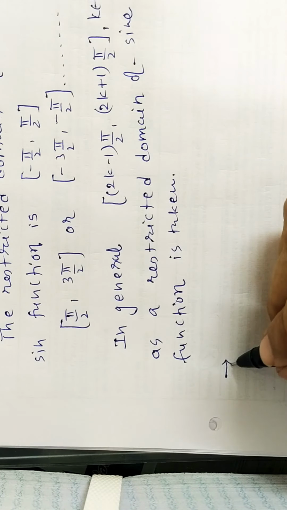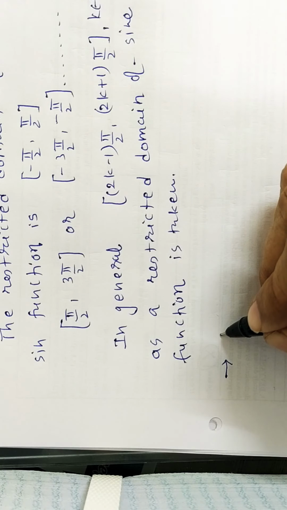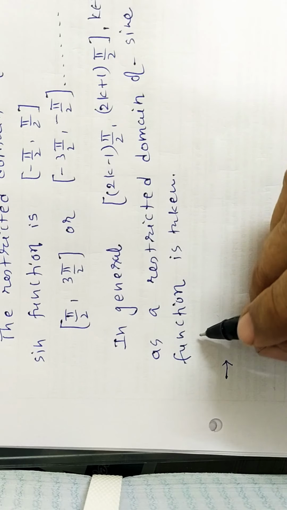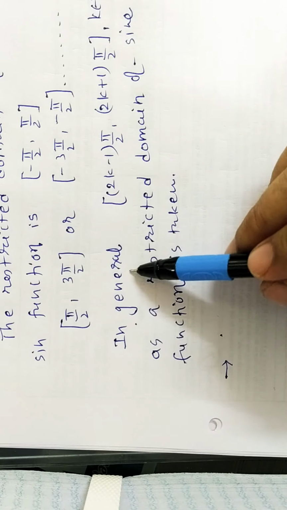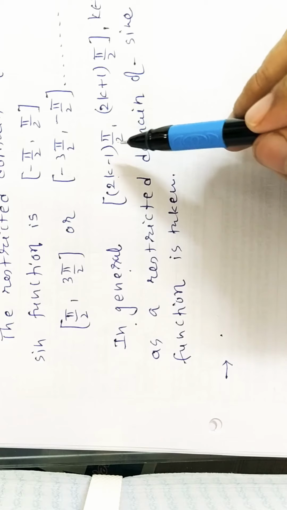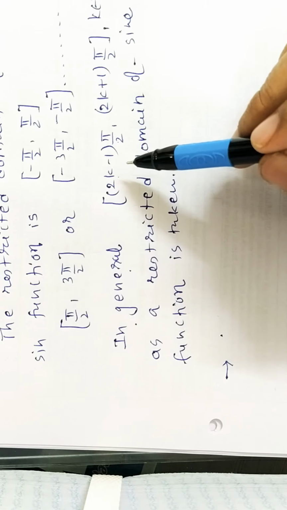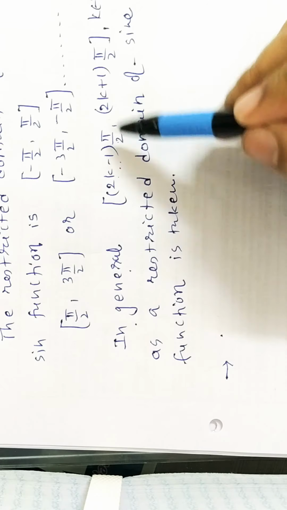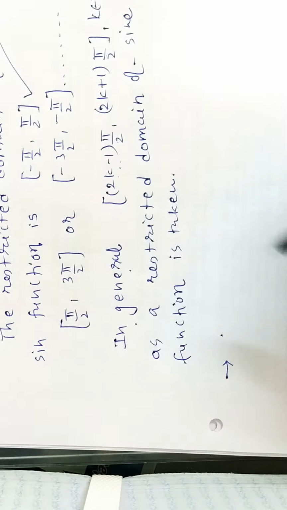So the value of sine function, see here, in general 2k minus 1 pi by 2. Suppose k is 0, then the domain is minus pi by 2 to plus pi by 2.